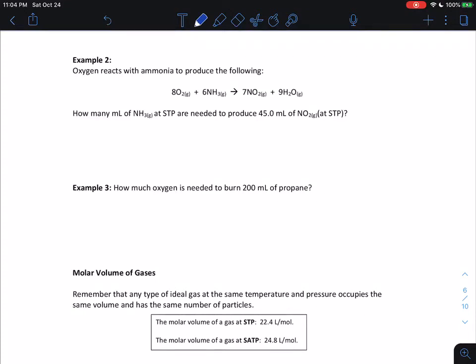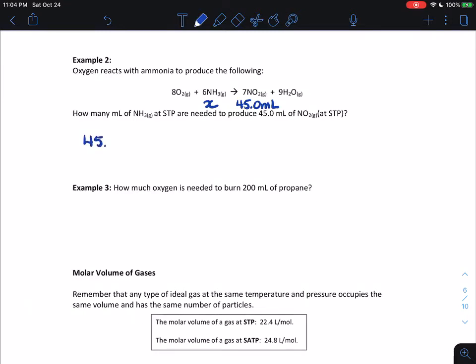You can see that my temperature and pressure did not change, so I can use a ratio. I know I have 45 mils of NO2, and they want to know how many mils of ammonia are needed to produce this 45 mils of NO2.